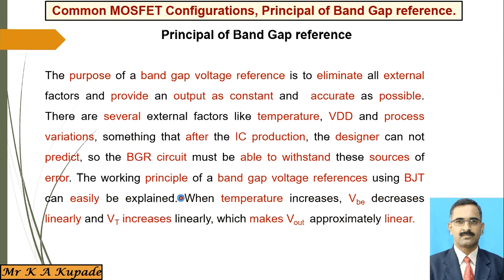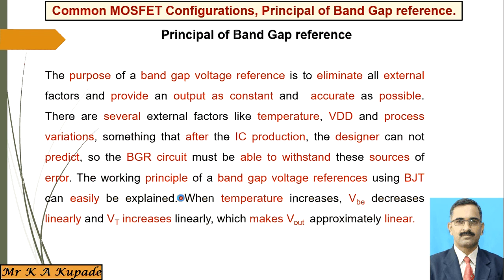After IC production, the designer cannot predict this variation. So the BGR circuit must be able to withstand these sources of error. This is the main concept. Now the working principle of a band gap voltage reference using the BJT can be easily explained.